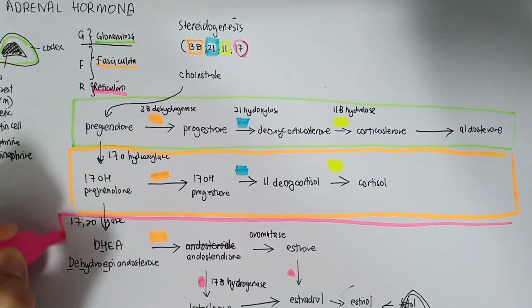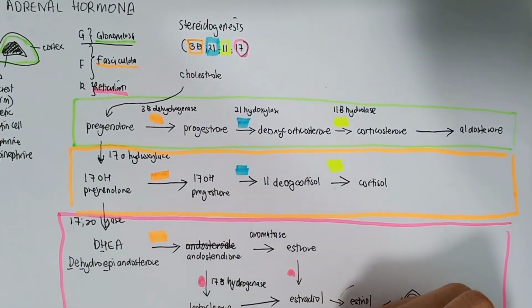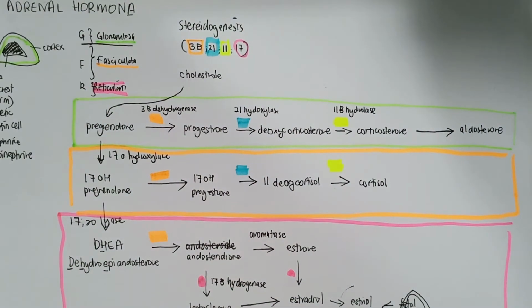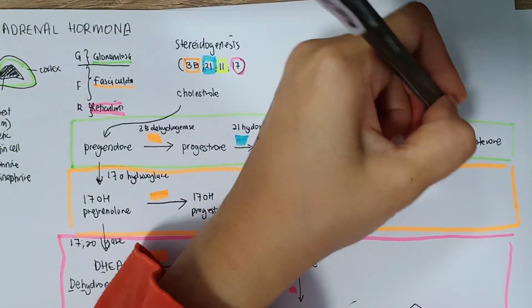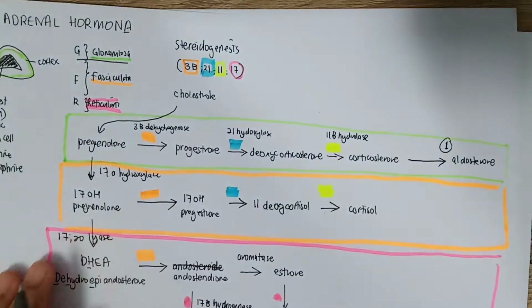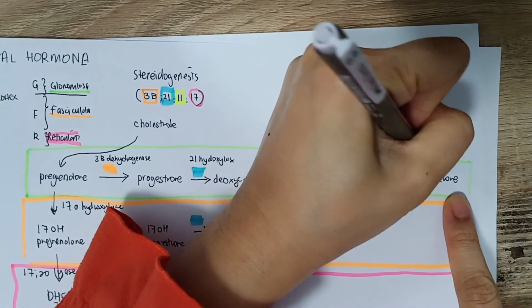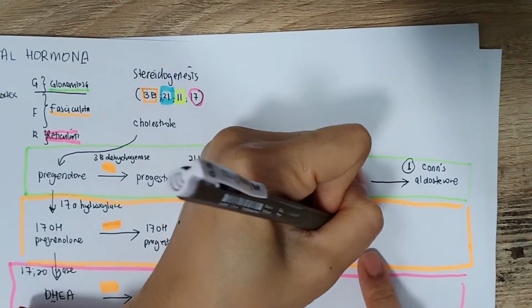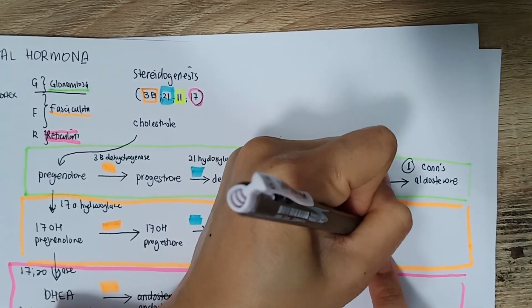So this is what happens in the reticularis. Okay, so looking at this, we can first describe the hyperaldosteronism, which is Conn's syndrome. Hypercortisolism is Cushing syndrome.